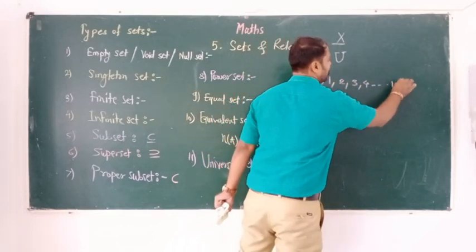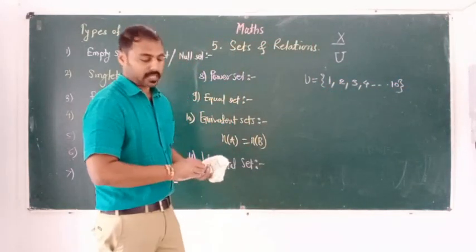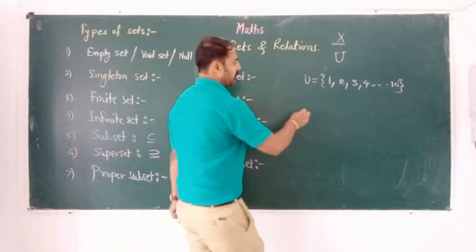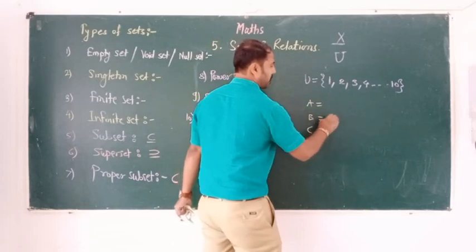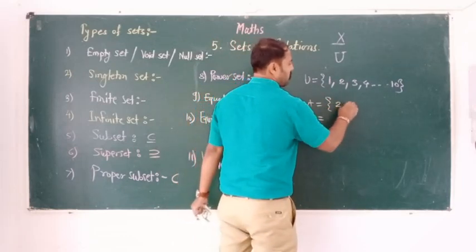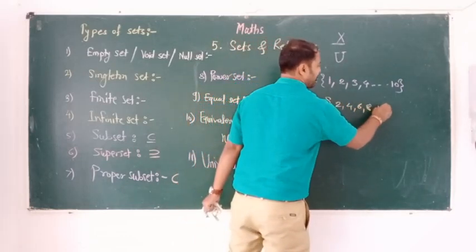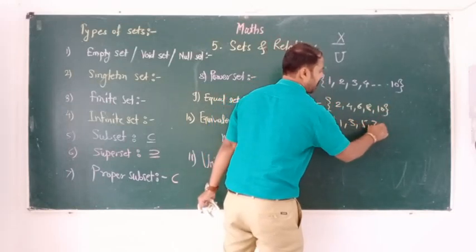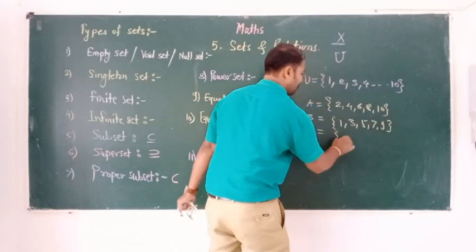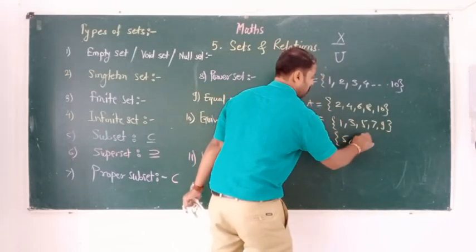U is equal to 1, 2, 3, 4 up to 10. Okay, universal set I can denote by 1 to 10, and in that example 3 sets are defined. First set A is 2, 4, 6, 8, 10. Second one B is 1, 3, 5, 7, 9, and last one C is 5, 6. Look at here.